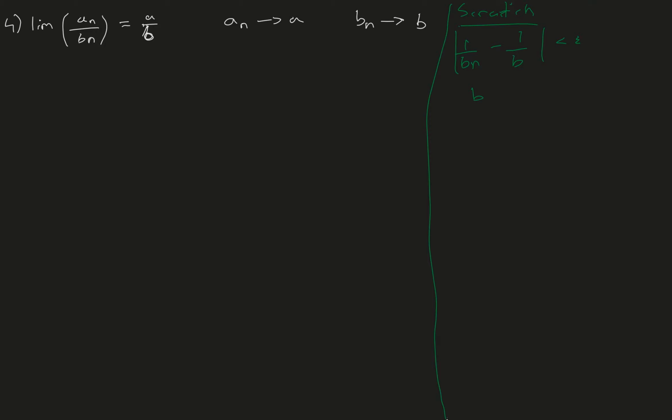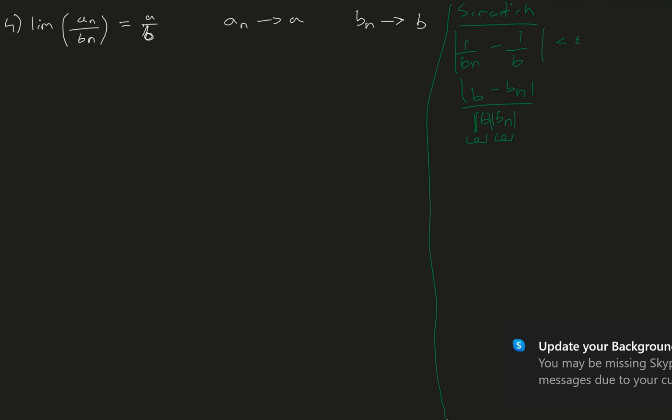So this can be written as b minus bn over b bn. I'm just splitting the fractions, and the numerator looks like something we know. In the denominator, we can easily deal with the modulus of b, but it's more difficult to deal with the modulus of bn, because that's something we don't know. That's a variable term, that's a sequence.